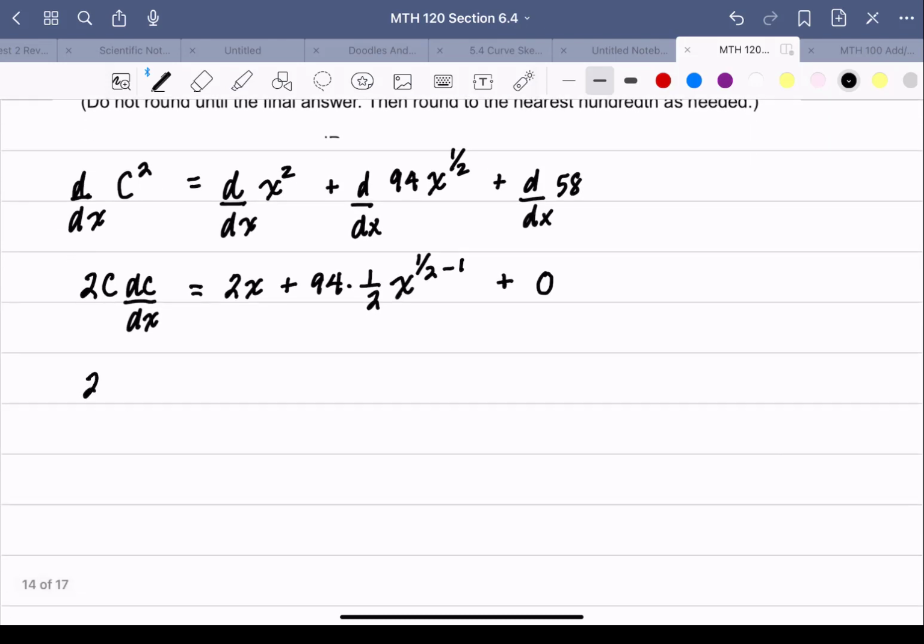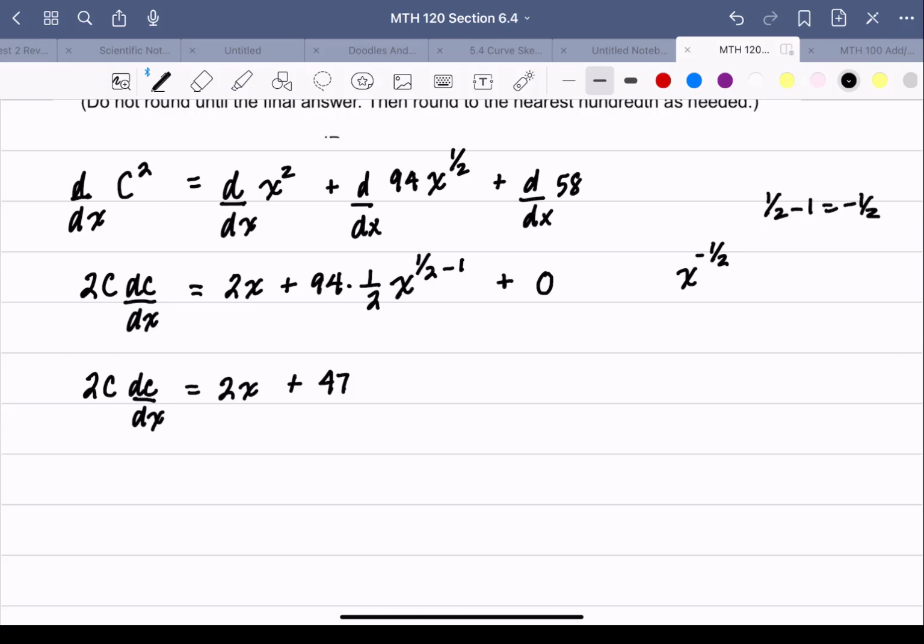So I have 2C, derivative of C with respect to X, equals 2X, plus half of 94 is 47, and then X to the negative 1/2, because 1/2 minus 1 is negative 1/2.